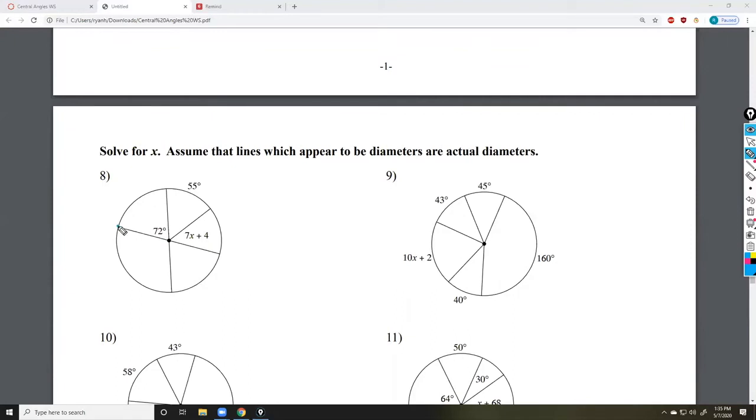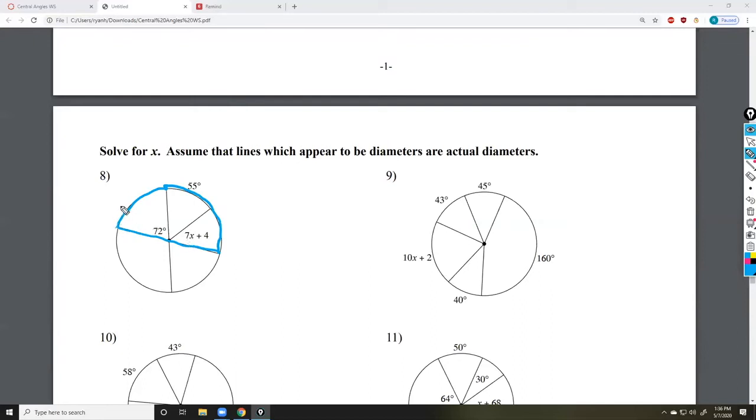So if I trace out what I know, this is 72. I know that measurement is 72. I know this measurement is 55. And I know this measurement is 7x plus 4. So this is the part that I'm trying to find. And if I trace out that arc around the circle, then I reach a diameter.